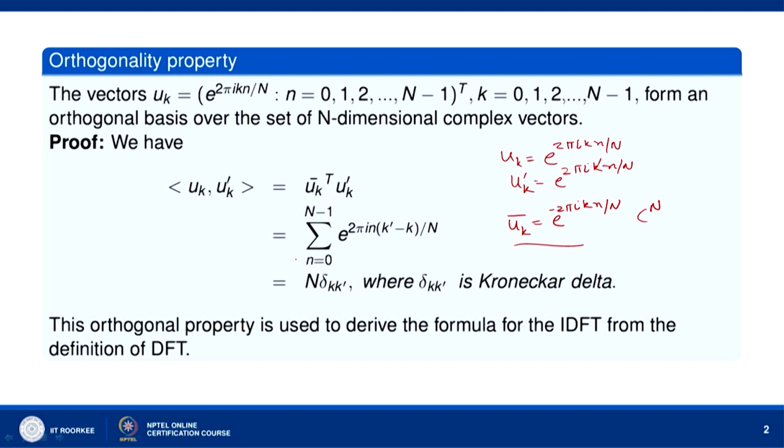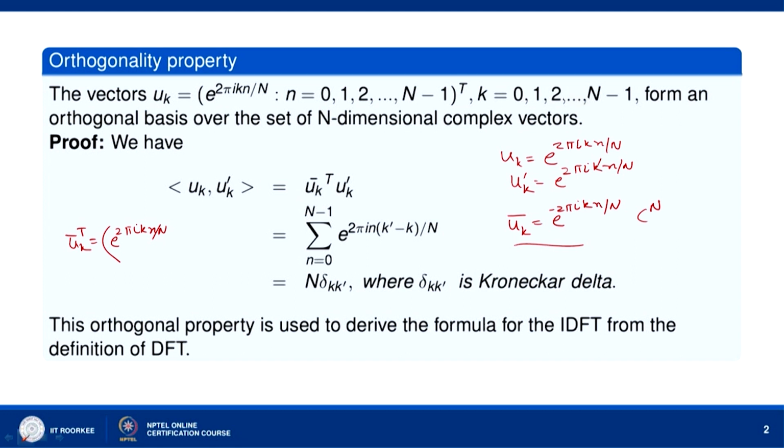So, when we take the transpose of the vector, u_k conjugate transpose will be a row vector and that will be given by e raised to the power minus 2 pi i kn by N, where n takes values from 0, 1, 2, 3 and so on up to N minus 1.